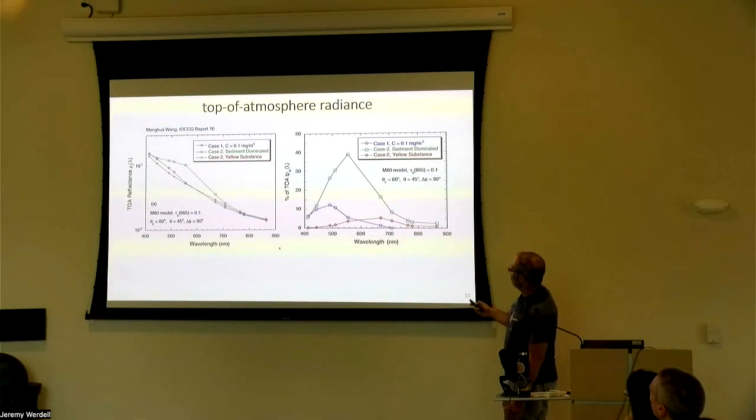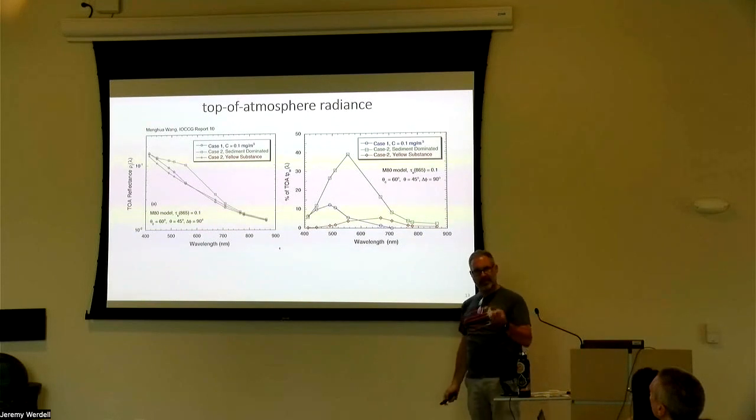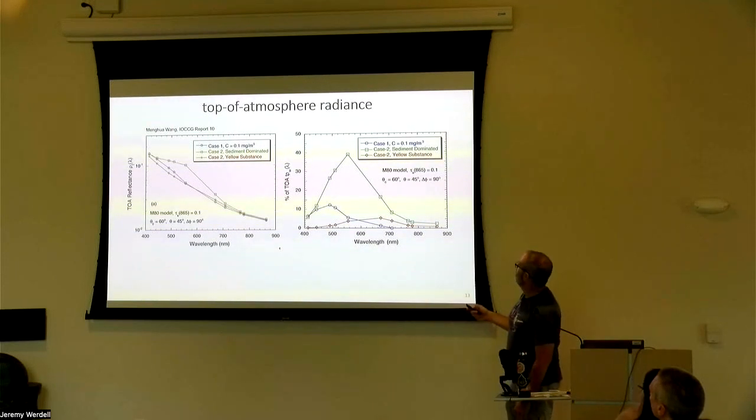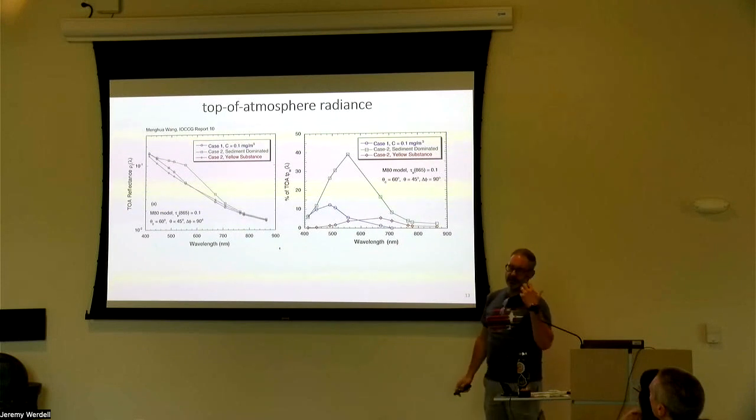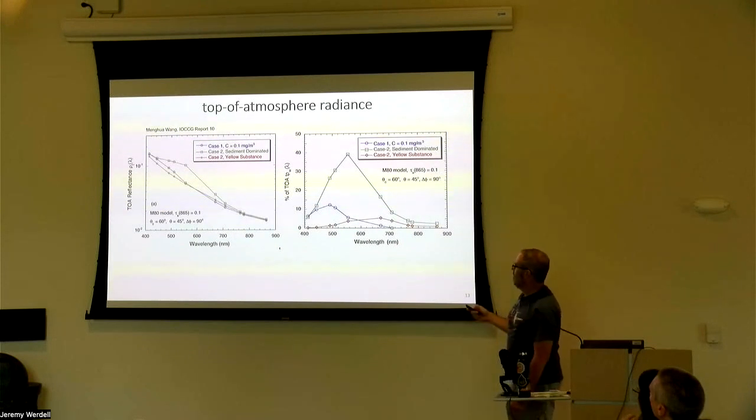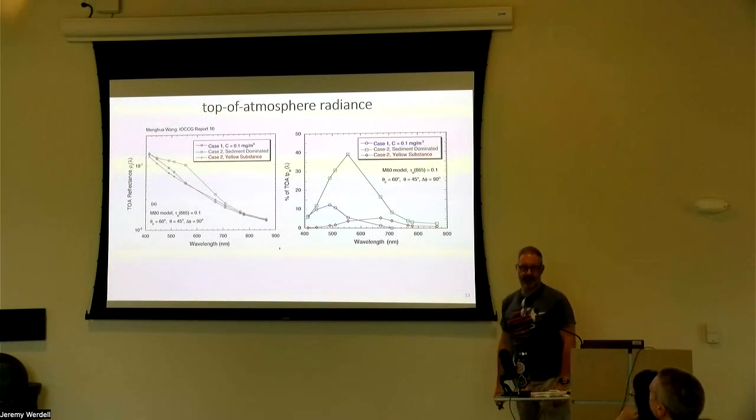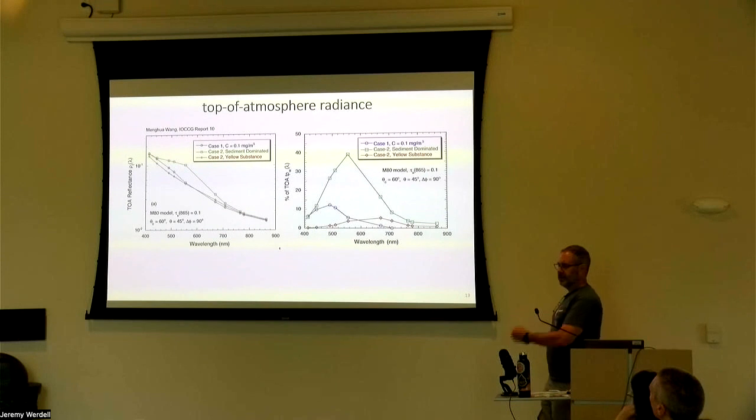And then this shows you the fraction that is coming from the water. So in some cases with sediment dominated water, maybe you might be able to tease out some information. But if you're just looking at open ocean or really, really black water, your goal is to somehow tease out 10% of the 10% of what your instrument is actually measuring.